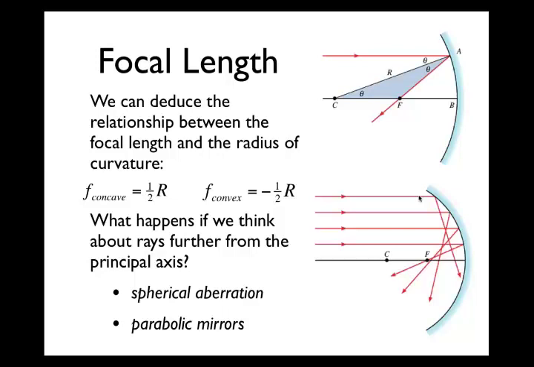Well, you can take care of that problem by grinding your mirror into a different shape and actually making it parabolic. And that better focuses the light on one point. However, all of the geometry that we're going to assume in this presentation and the algebra that we're going to derive is based on thinking about the mirror as being a spherical section and not a parabolic section.